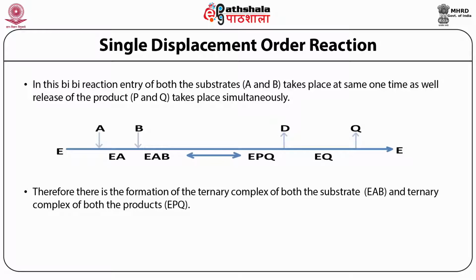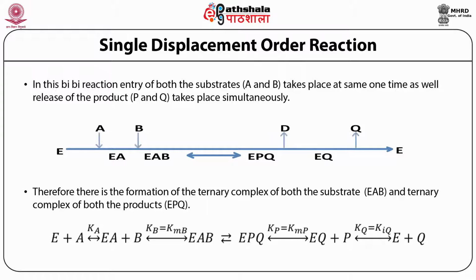If you see the kinetics of this reaction, you will find that the first substrate combines with the enzyme with a constant of Ka producing EA complex, which combines with the second substrate with a constant Kb producing EAB complex, which is a ternary complex, and it is converted into the second ternary complex, that is EPQ, and then EPQ is converted into EQ plus product with a constant of Kp, and then EQ finally releases its second product with a constant of KQ.